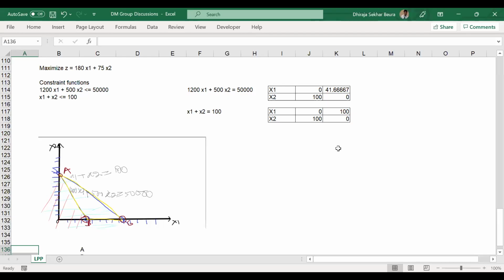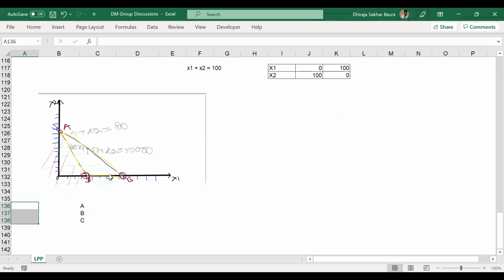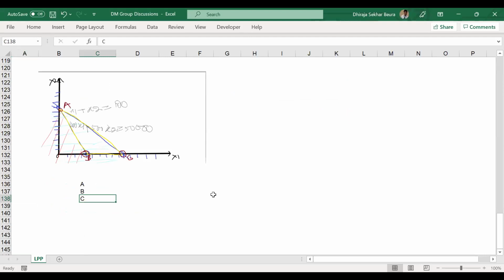1 second. I'm just solving it. Let me share my screen so that you know where I am. Yes, I have found out X1, X2. I plotted them. I have found out the points. I'm just figuring out the coordinates now. Do you agree with the reason that I have fixed?